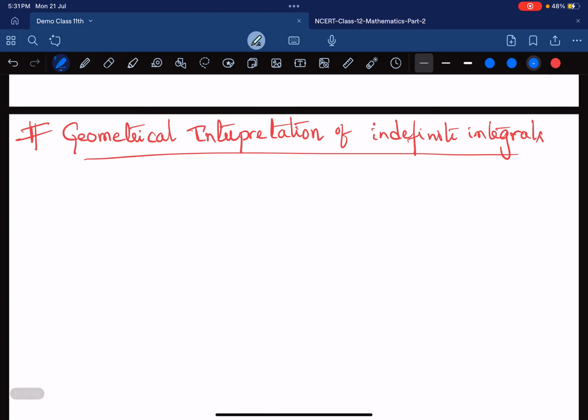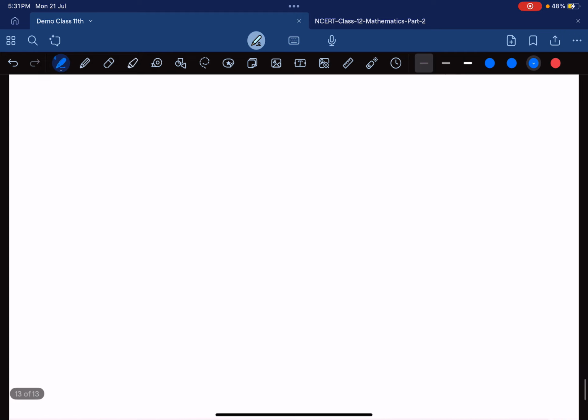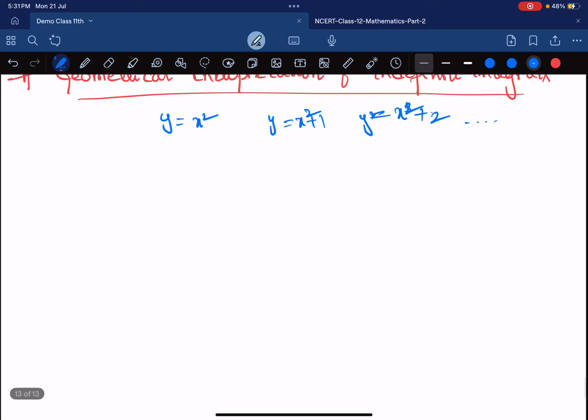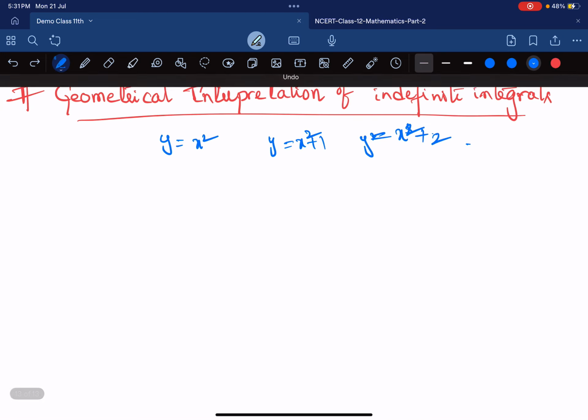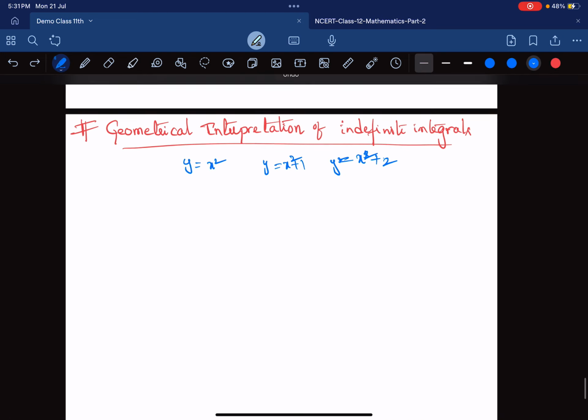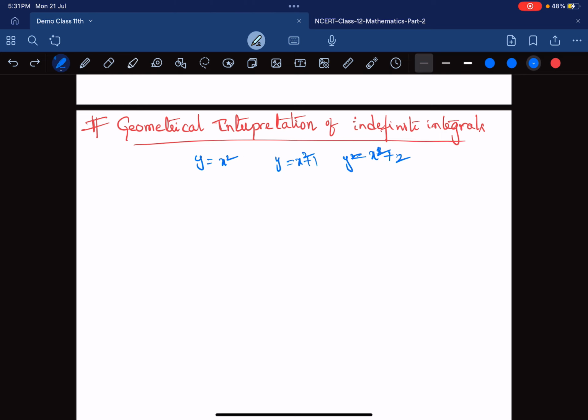Suppose y is equal to x square, y is equal to x square plus 1, y is equal to x square plus 2, and so on. These functions are given. We draw the graph of these functions.